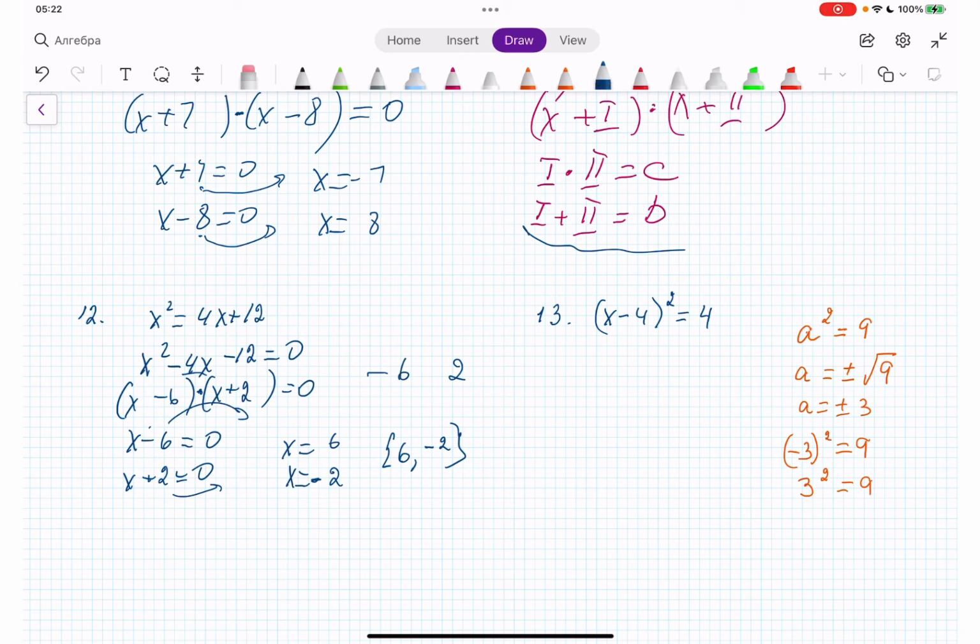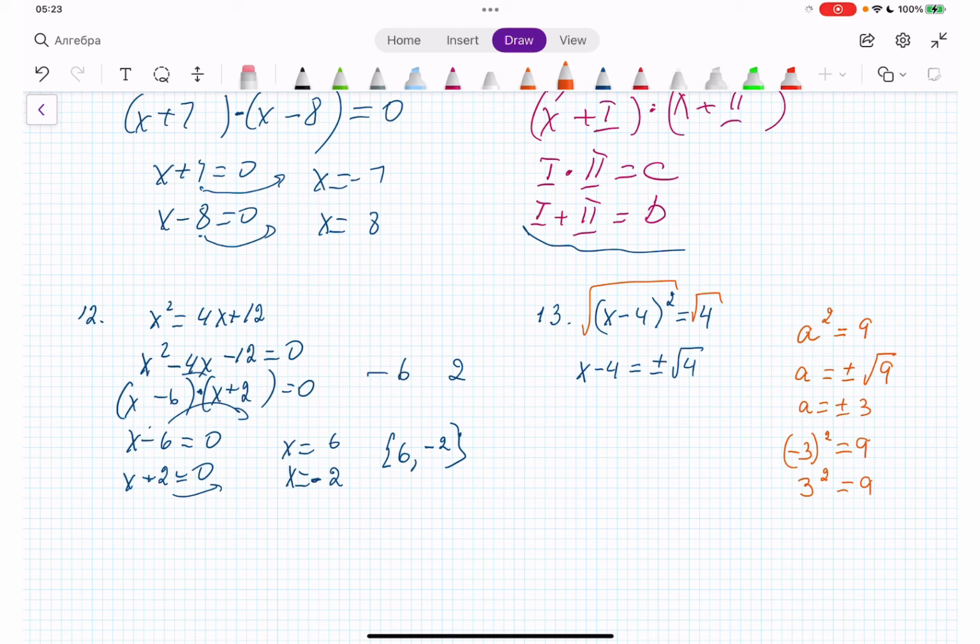So x minus 4 squared equal 4. Then x minus 4 is going to be equal to plus minus square root of 4. We are practically taking the square root from here and from here. You have the right to do that as long as you do it on both sides of the equation.